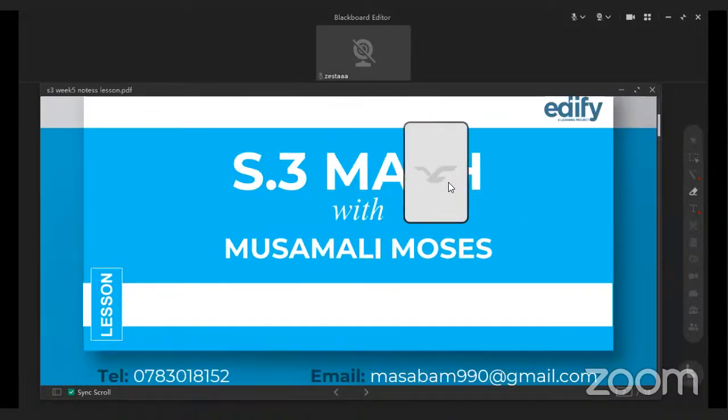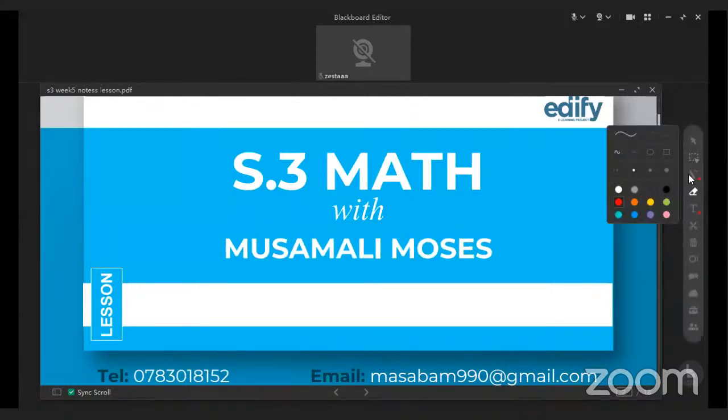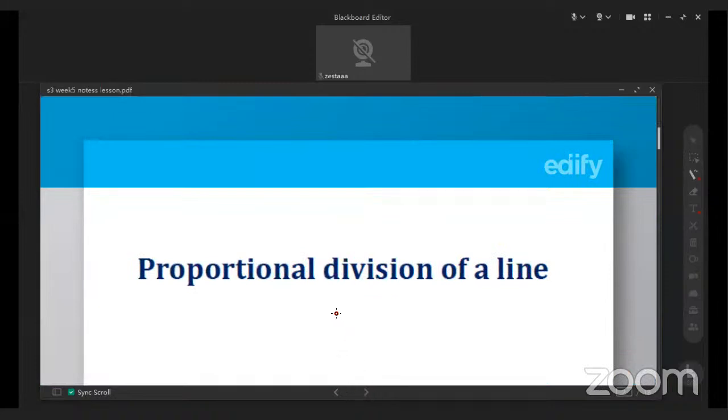So today, we are still continuing with the vectors. That's one thing we should be aware of. But today, we are going to look at 2 things. One, we are going to look at the proportional division of a line.